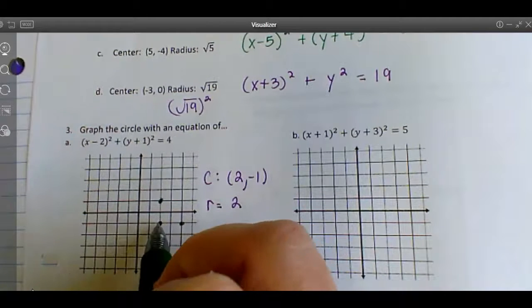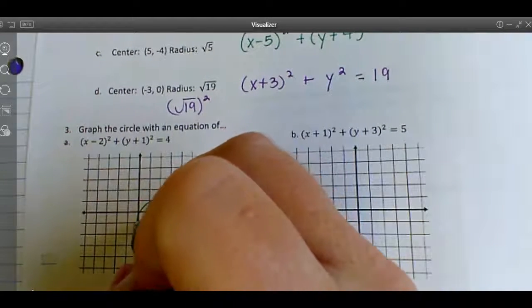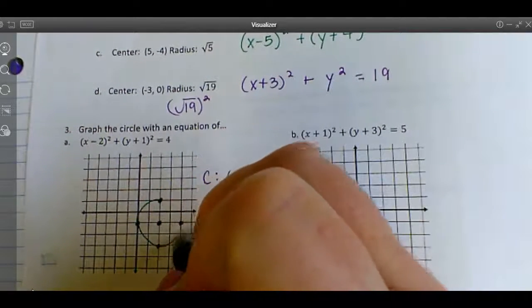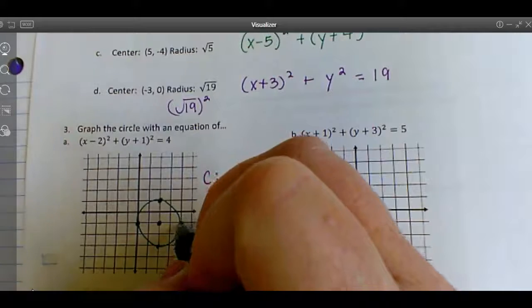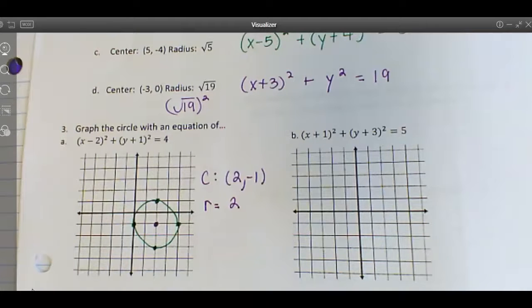Down 2 and put a point, and then left 2 and put a point, and then I just connect it with the circle, and it's okay. It's not going to be perfect, and that's the way it's going to look. So you graph the center, and then you graph whatever the radius is. You just go that far around, all the way around, and then you just connect it.